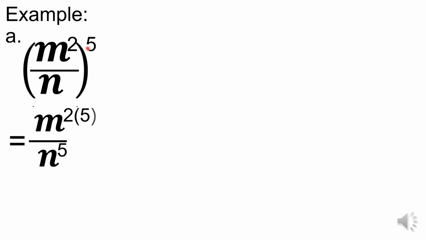So m to the power of 2 times 5, over n to the 5th. Or simplified, you have m to the 10 over n to the 5th.